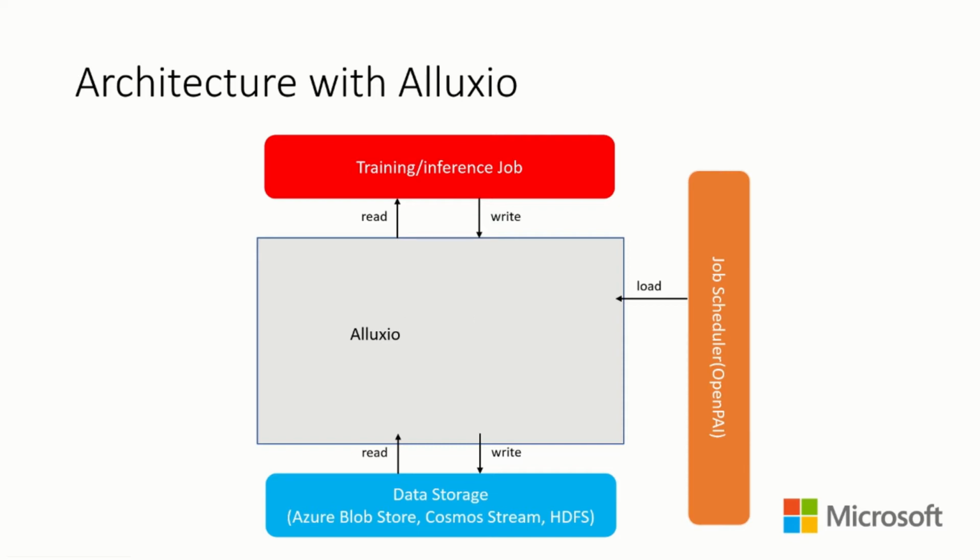I will introduce an ideal case. We want to use Alluxio to speed up our inference job or our training job. When a customer submits a job, it goes to our AI platform and job scheduler. Before the job starts to run, we want to send a command to Alluxio to let it prefetch data to the cache layer.